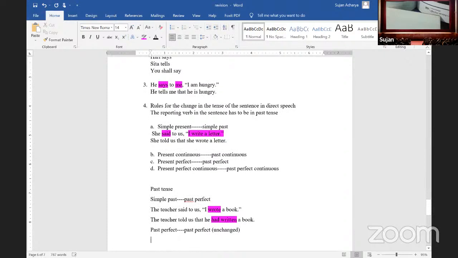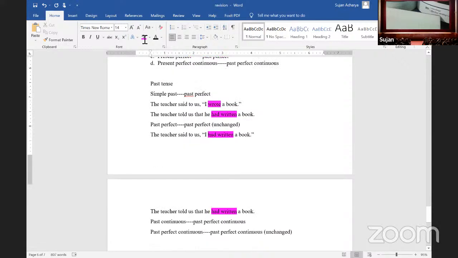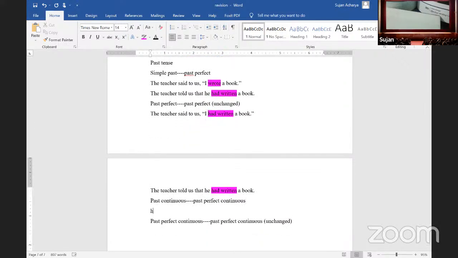Past perfect, no change. The teacher said to us, I had written a book. The teacher told us that he had written a book. No change, had written as it is. Past continuous, past perfect continuous.